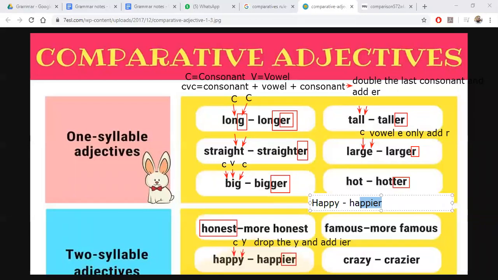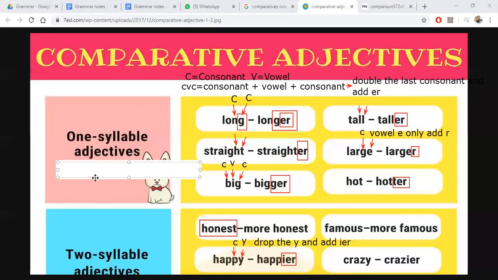So since we are not adding an extra syllable to the adjective, we can form these adjectives by adding I-E-R. It still has two syllables. We are not adding an extra syllable to it.